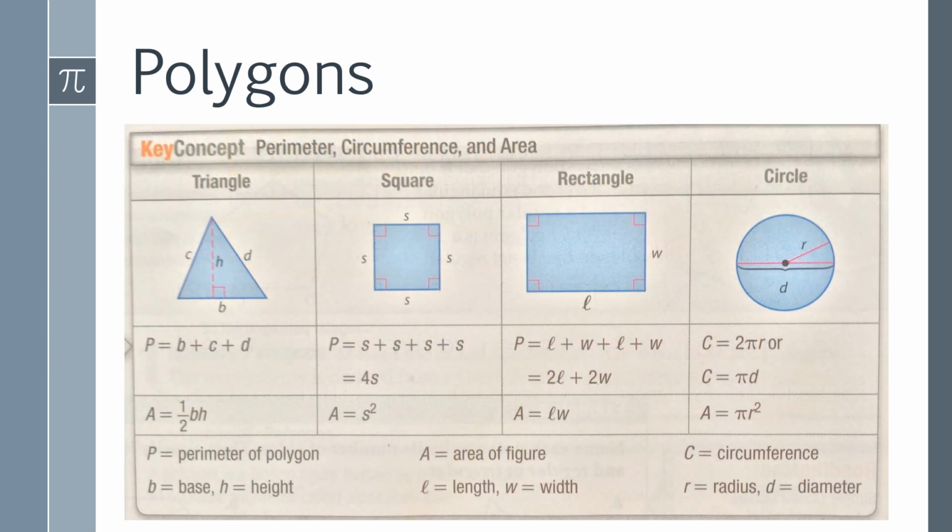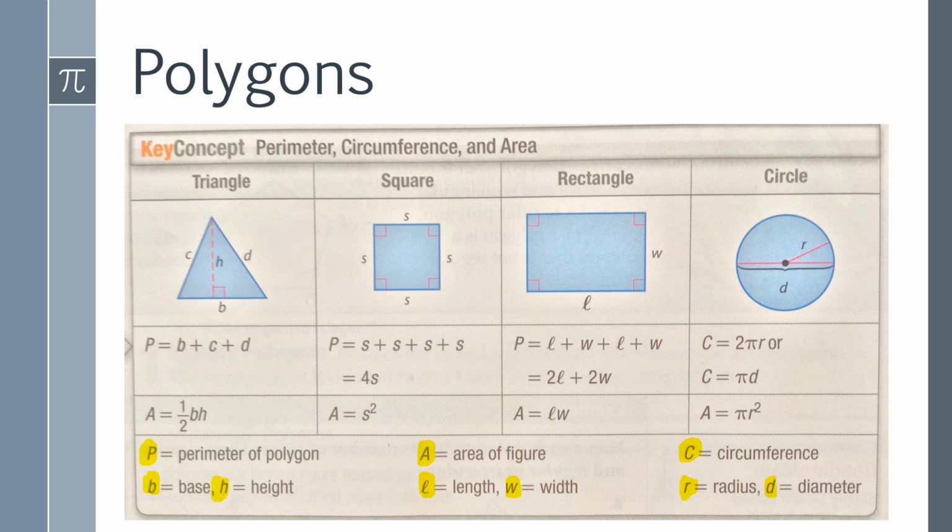Okay, so this page you need to try to memorize as much as possible. But we will have something that you can use, so we don't have to memorize all of these, okay? But you should notice that the letter P is perimeter, B is base, H is height, A is area, length, width, circumference, radius, and diameter.